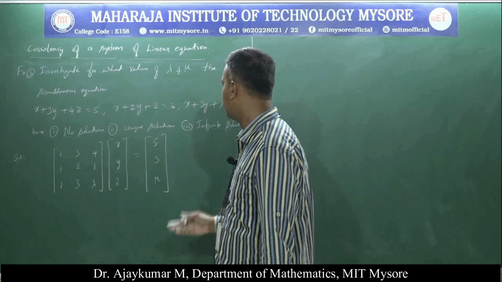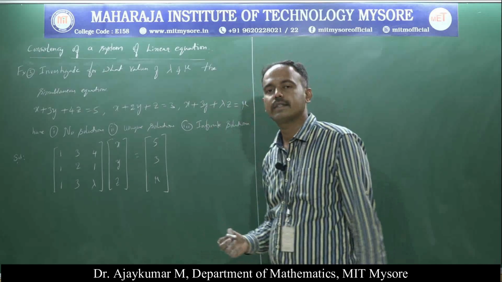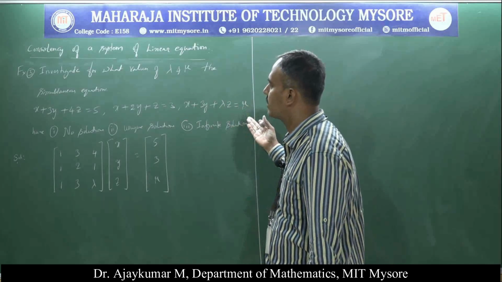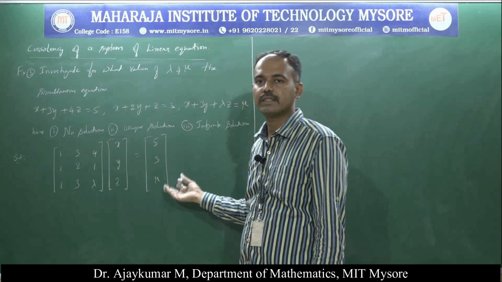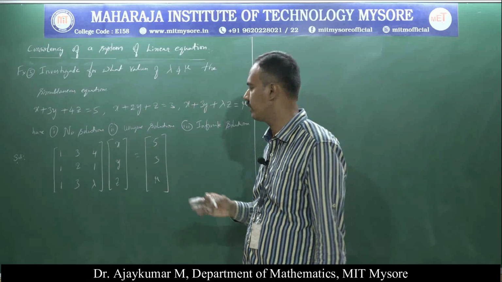Next we denote the RHS, the values 5, 3, mu, because the given system of equations is a non-homogeneous system of equations.